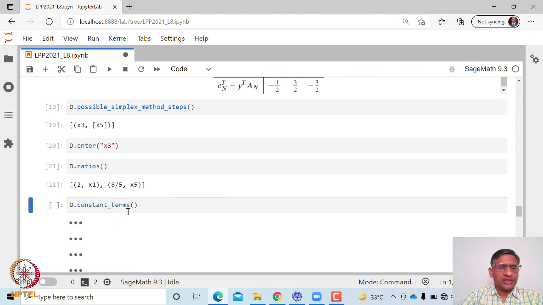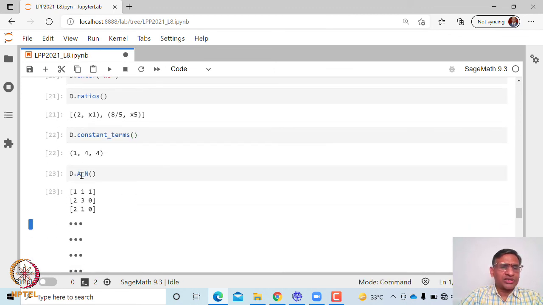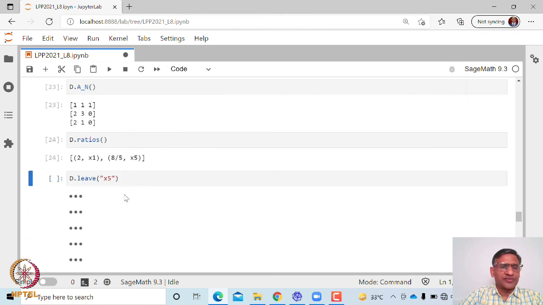So let us find out what are the constant terms, and the ratio that we have already looked at. Once we have looked at the ratio, then we can ask which one will be leaving. So this is the smallest ratio, so we'll say leave x5.